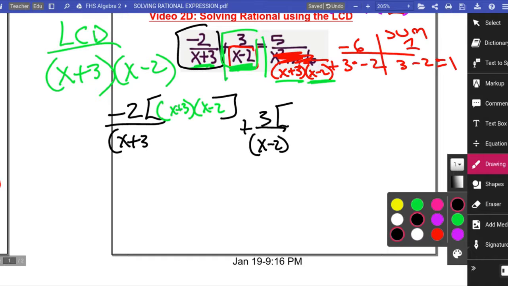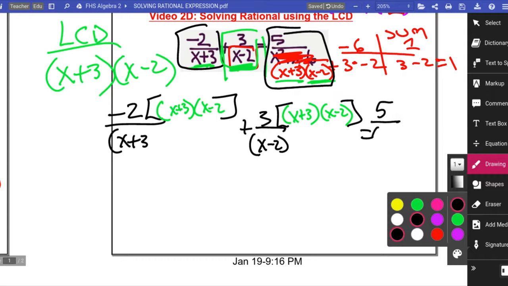But your LCD is your x plus 3 and your x minus 2. Cool. Next, you're going to rewrite this one: single, x plus 3 at the bottom, x minus 2 at the bottom. Your LCD is x plus 3, x minus 2.